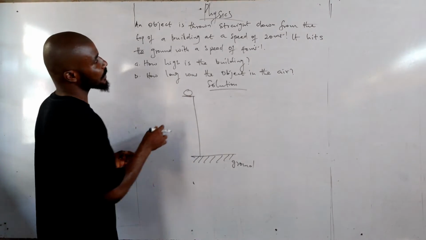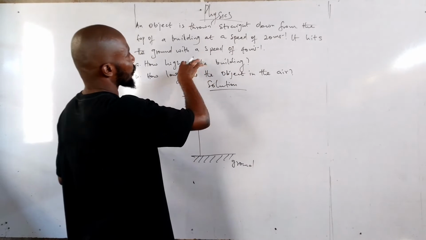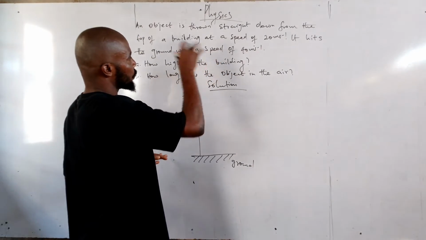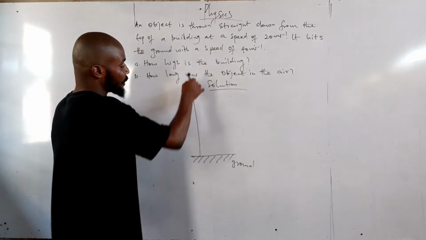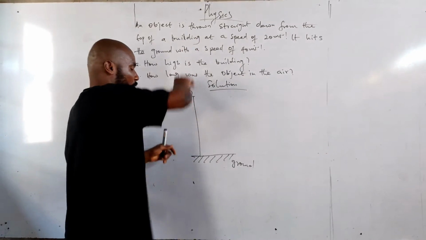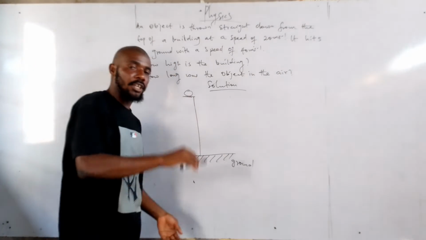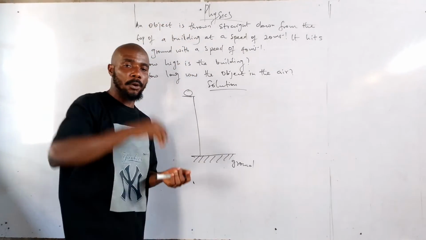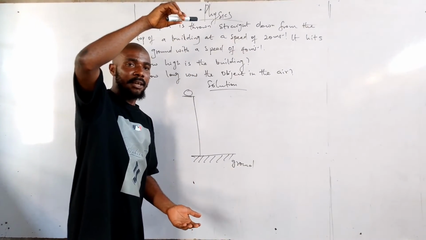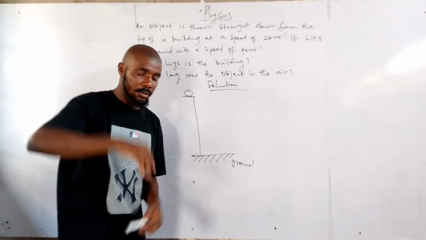So what happens in this case is that an object is thrown from the top of a building. We'll now throw the object downwards. We gave it initial speed to throw it downwards. The object will not start falling from rest. Now look at the situation.